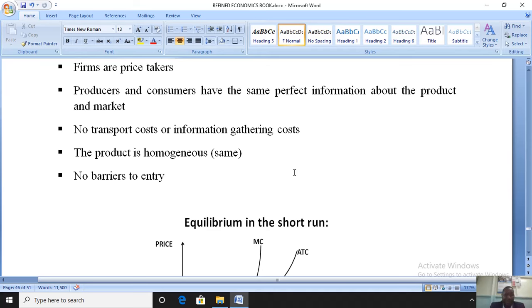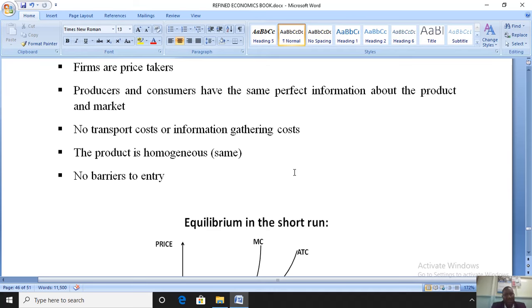So no barriers to entry means that other firms or entrepreneurs are able to enter the industry, and when that happens, supply is going to increase. And what is expected when supply increases is that demand for a particular firm will fall and prices will go down, and so firms will not be making the supernormal profits in the long run. They will just be making normal profits in the long run.